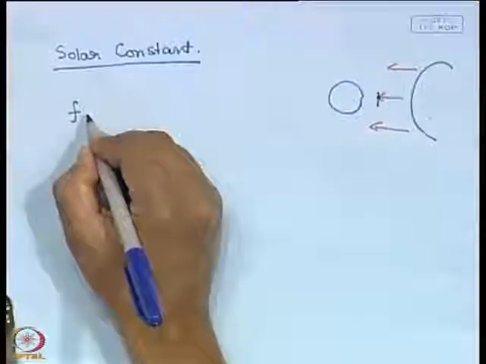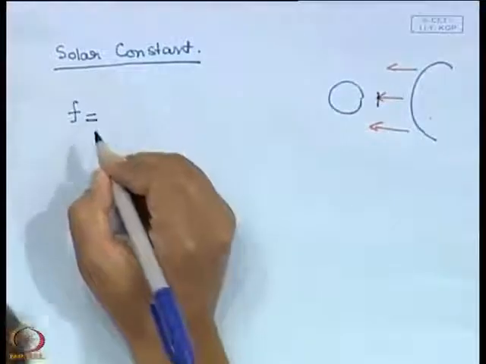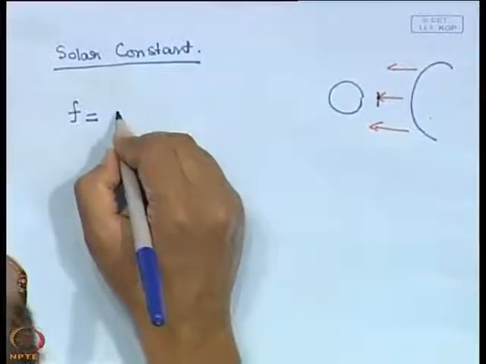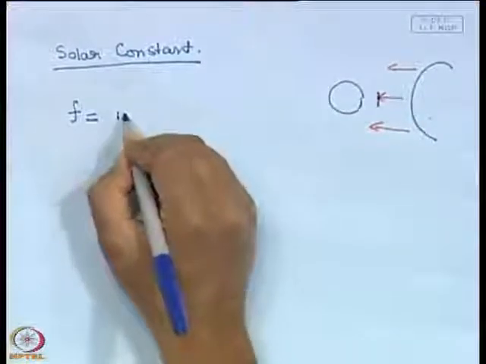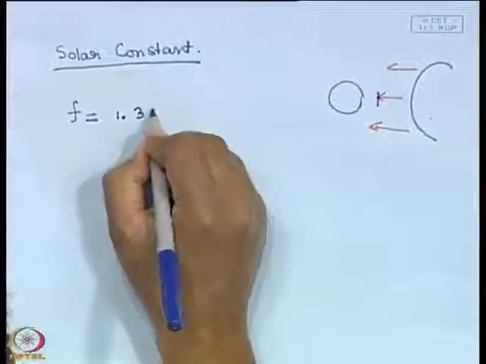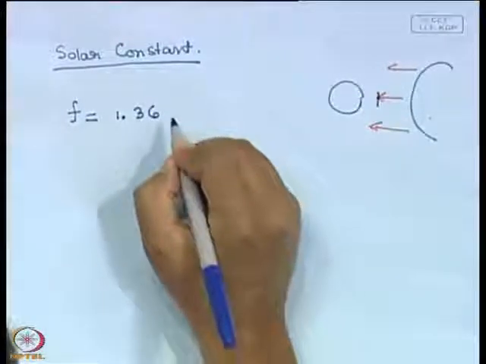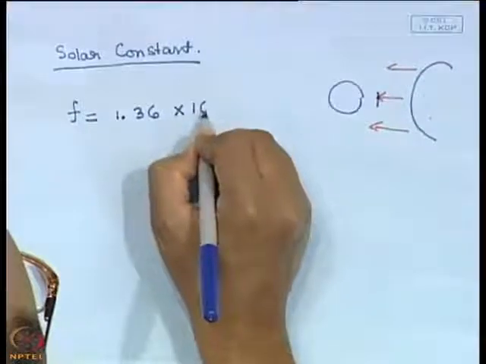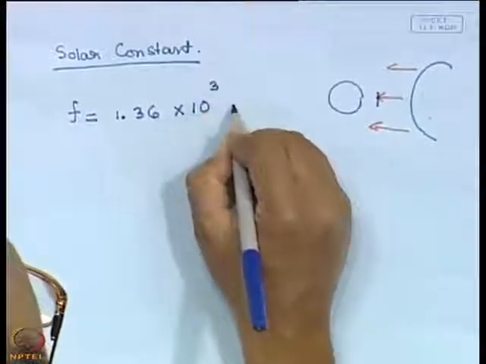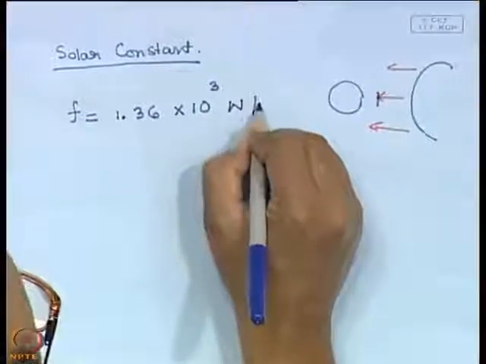So the solar constant is the radiation incident on the earth, measured outside the earth's atmosphere, and this has a value of 1.36 × 10^3 watts per meter square.